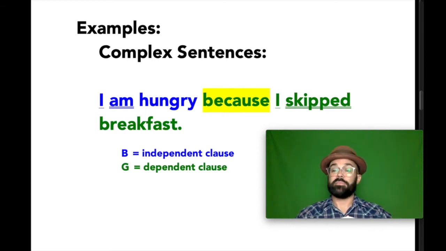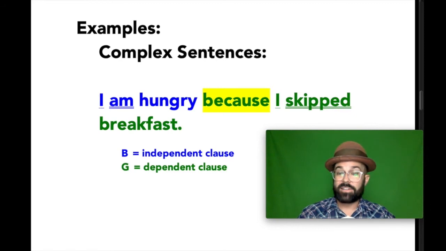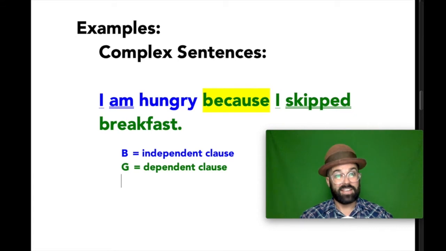I am hungry is an independent clause. That could stand all by itself as a simple sentence. I am hungry, period. But as I said, we have the word because, which is highlighted because it is a subordinating conjunction. And in conjunction with everything that comes after it, because I skipped breakfast, it is a dependent clause. If you were to just say, because I skipped breakfast, that wouldn't be a complete thought. We'd be waiting for something else. Yes? What? What happened because you skipped breakfast?